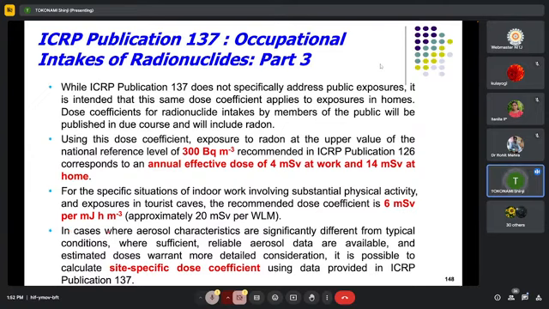In cases where aerosol characteristics are significantly different from typical conditions, where sufficient reliable aerosol data are available, and estimated dose warrants more detailed consideration, it is possible to calculate site-specific dose coefficients using data provided in ICRP Publication 137.